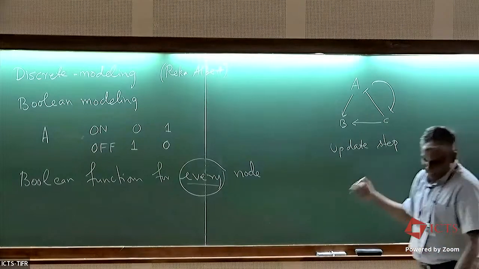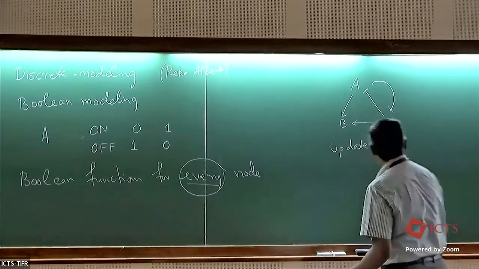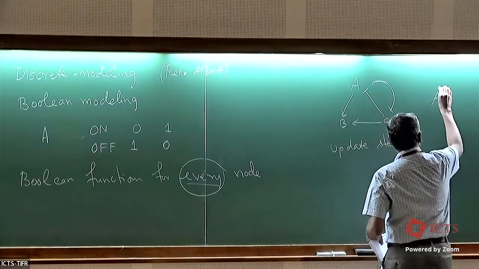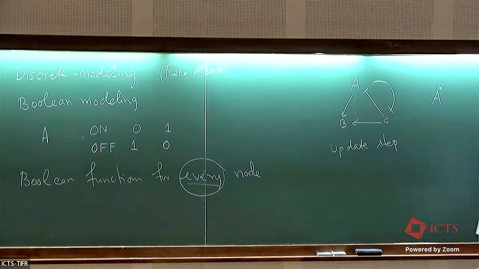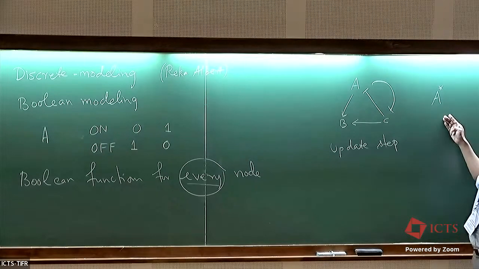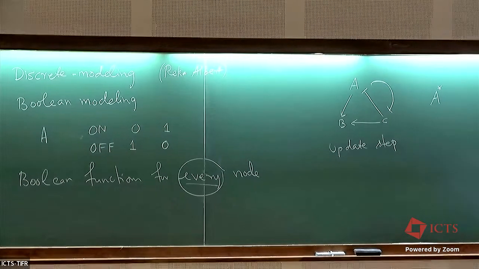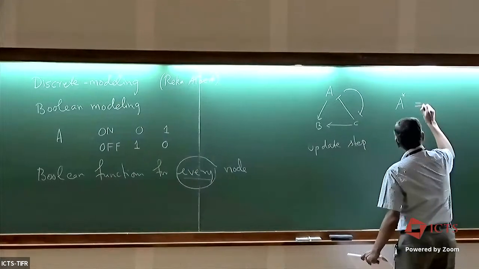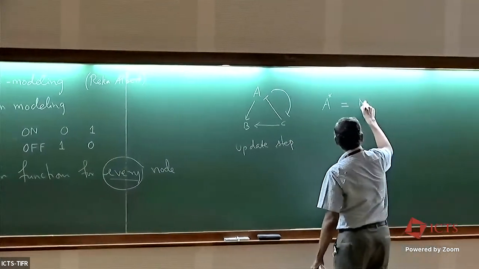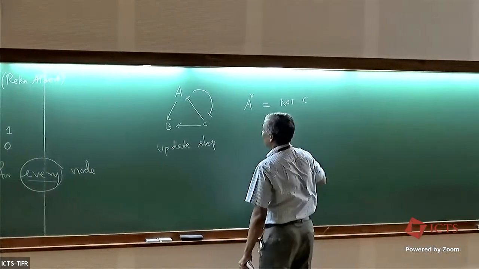So let's write the Boolean function for this. A star will be the value taken by that node in the next time step. That would be dictated by this function here.